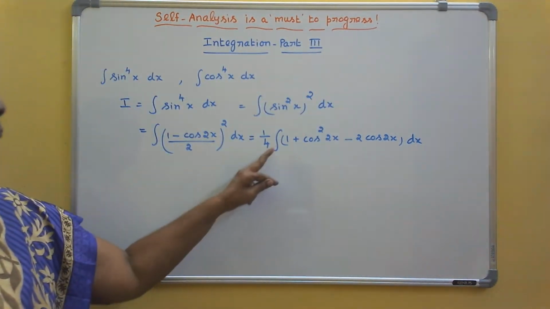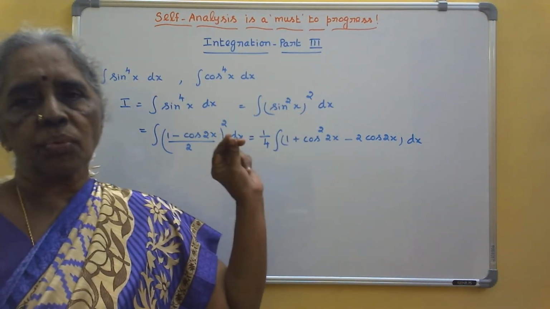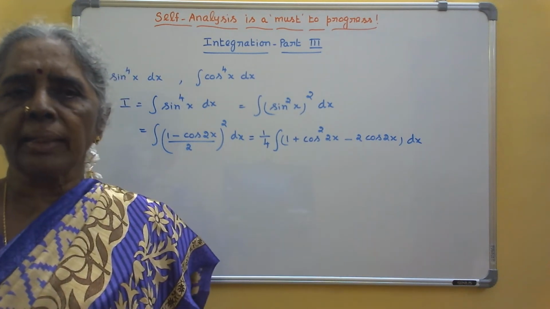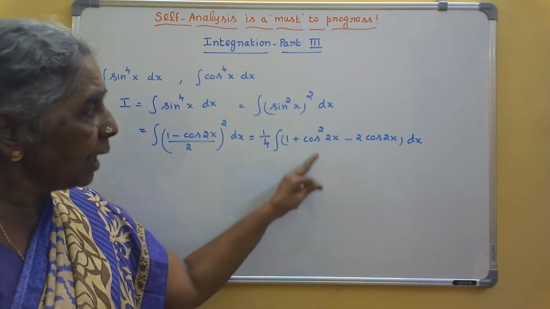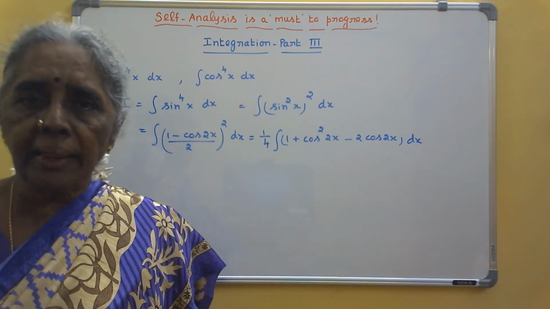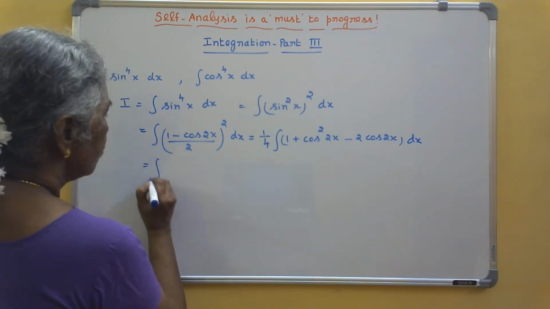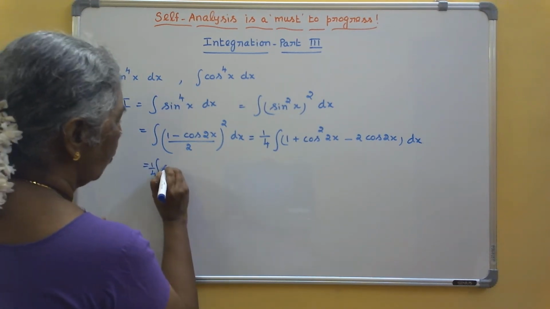So now you have got 3 terms. In this, the first and the third you can integrate directly. But coming to the second one, it is again a cos squared. So once again let me apply the formula. I will write 1 by 4, 1.